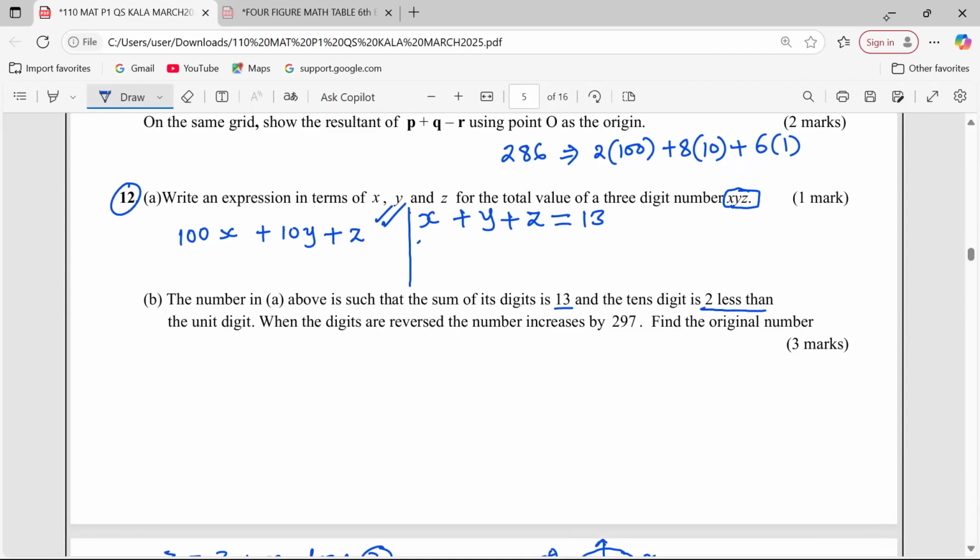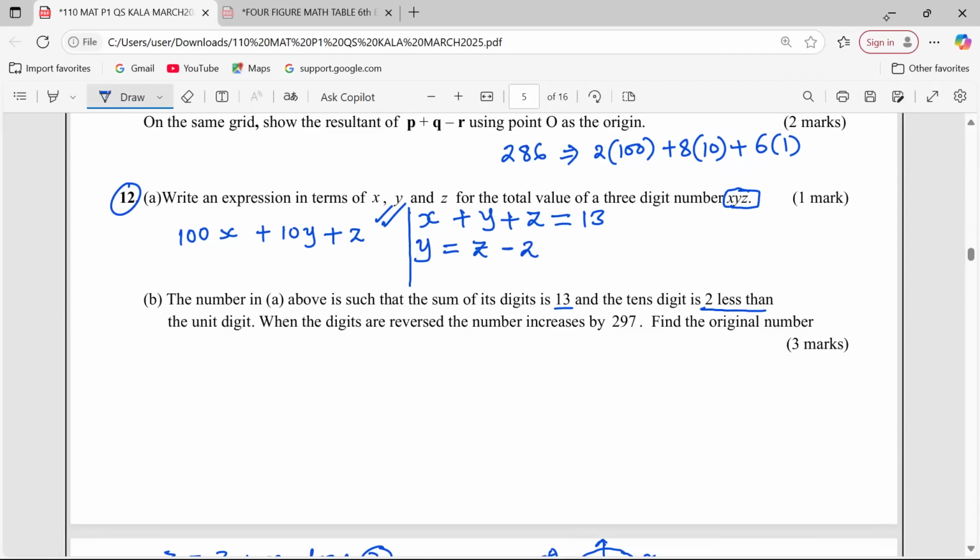So for us to get y, we need to take z and we subtract 2. I think that is where we made a mistake. We did an addition there. That is what we are supposed to interpret: y is less than z by 2, so y equals z minus 2.